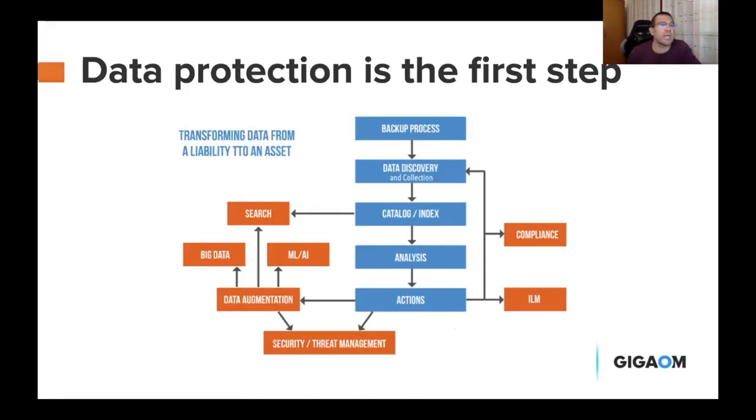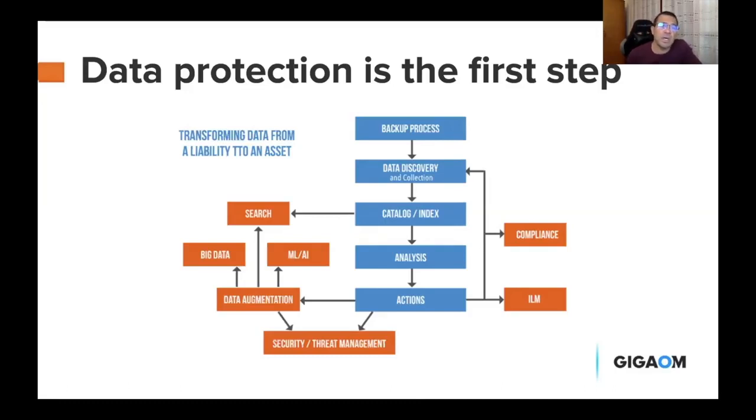Yes, of course, you have a copy for protection reasons, but actually you start digging into the data and collecting data and understanding what is happening, even trends in terms of how many volumes, how much data, what happened during the day, between backups. So you catalog and index everything. You start doing your analysis and then take actions.